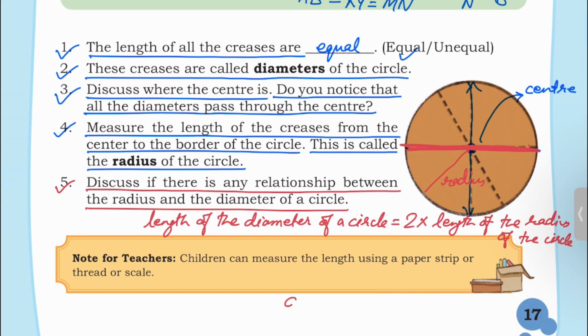If the length of the diameter is d and the length of the radius is r, then the diameter is equal to 2 times the radius, or 2r. Note to the teachers: children can measure the length using a paper strip or thread or scale.